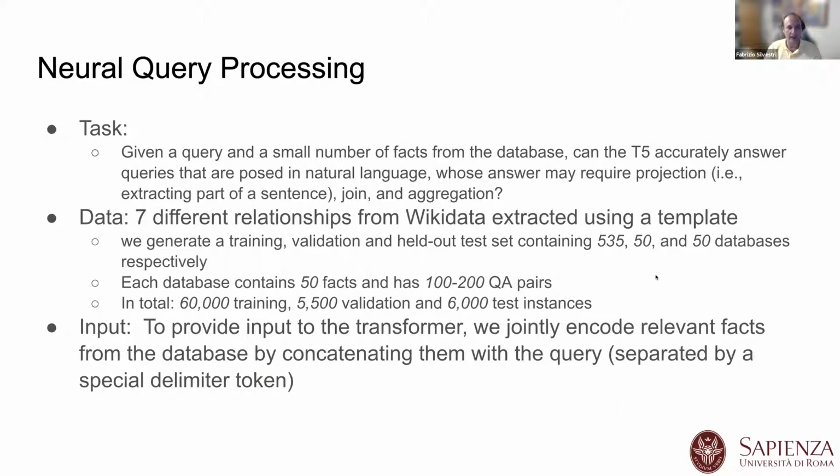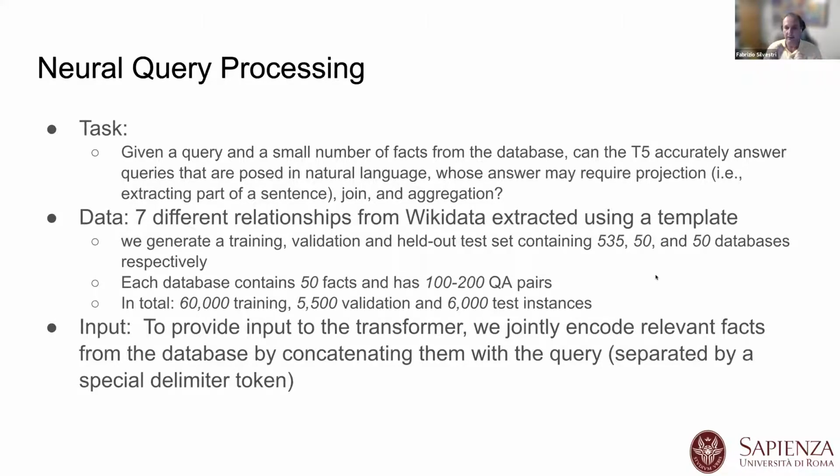So having given this introduction, let me show you the task we are proposing with the neural database. The task is the following. Given a query and a small number of facts from the database, can a neural database, or T5 in this case, accurately answer queries that are posed in natural language?